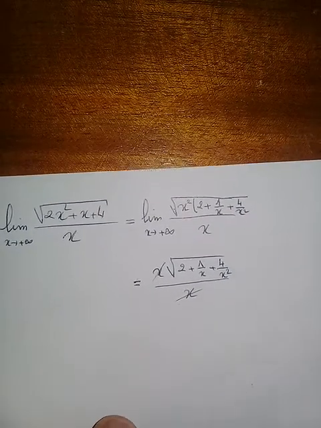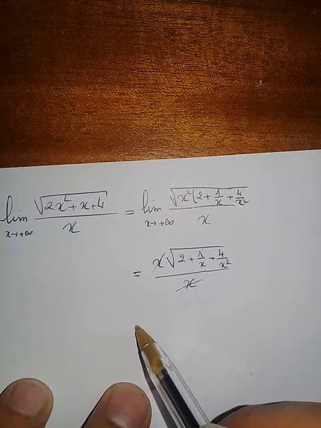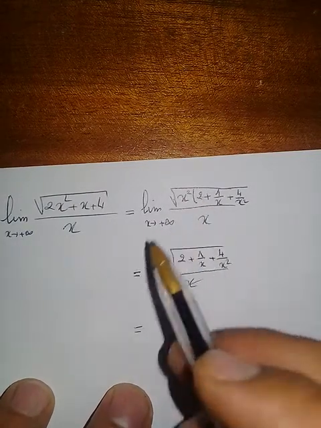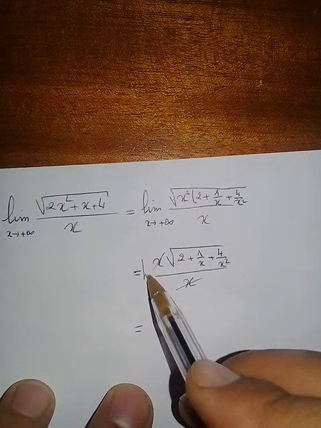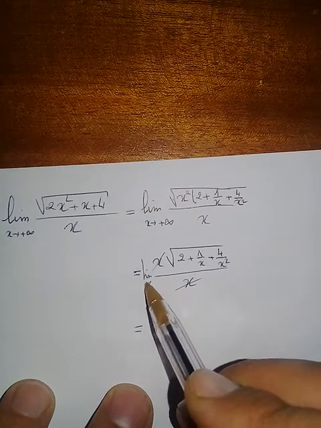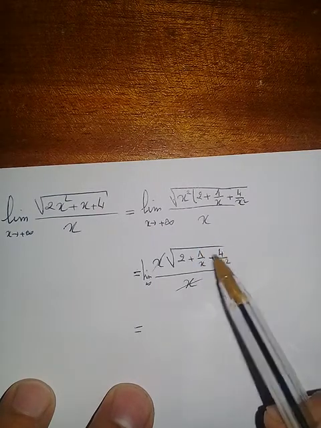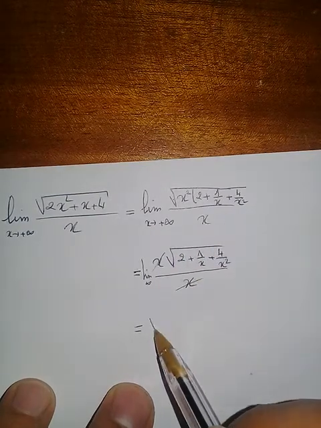Simplify by x and we're left with this. If we plug in infinity, what's the limit? If you plug in infinity, you get 0 here and 0 here, so it's the square root of 2.